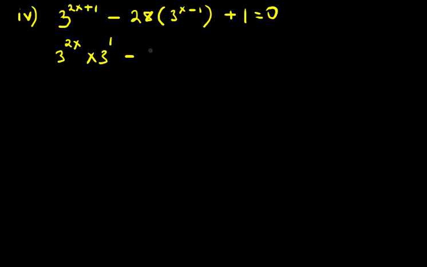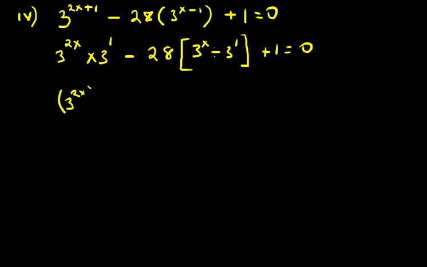So minus 28. Since the powers are subtracting, this is the same as 3 power x divided by 3 power 1. So plus 1 is equal to 0. We can then rewrite this as 3 raised to the power 2x.